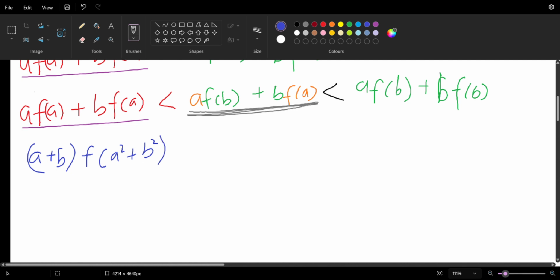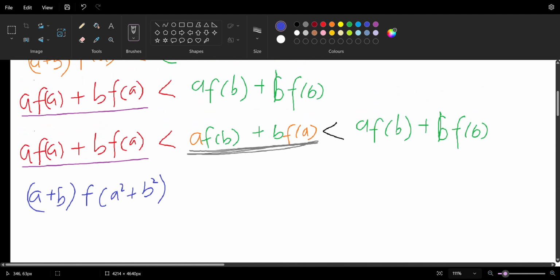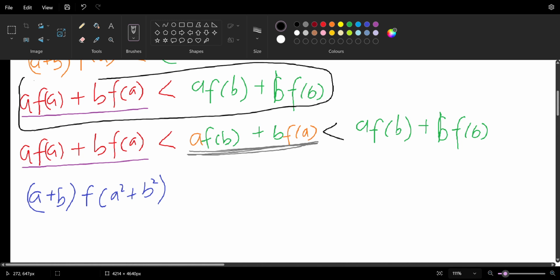All right, so this is what we have now. So let's make some comparisons with the initial inequality. This here in the black box is the initial inequality. Let me expand the blue part.